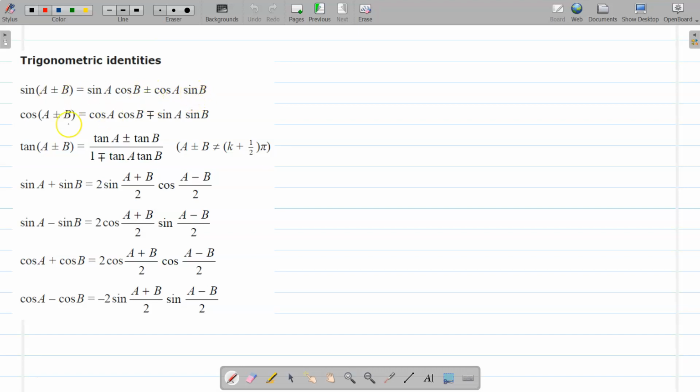That's another result. And there's a slightly different result for cos A plus B and cos A minus B here. And in another video, I'll show you how to derive the tan function and the factor formulae which are here. Okay, so I hope that was a helpful introduction to the addition formulae.